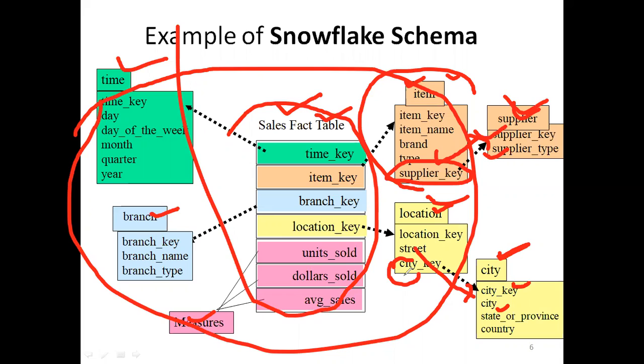One is produced from the other, from bigger to smaller, then more smaller like that. That is the shape of a snowflake. So that's why this schema is known as the snowflake schema.